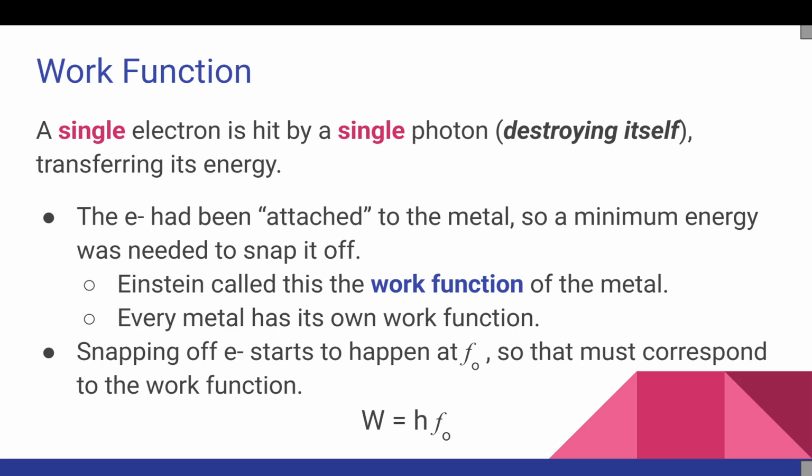But W equals h f naught, we use that specifically when we're talking about snapping the electron off of the metal surface because it got hit by that photon. E equals h f, incoming photons of light, the incoming EMR energy. W equals h f naught, focusing on the snapping off of the electrons from the metal surface.